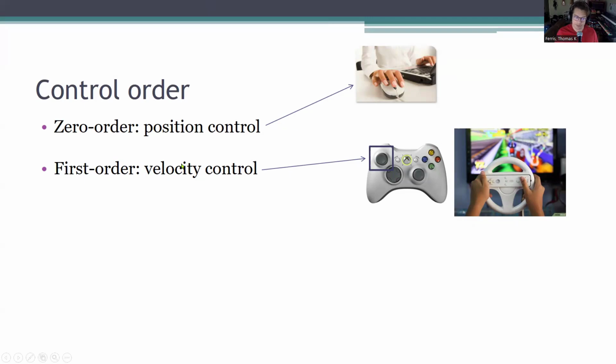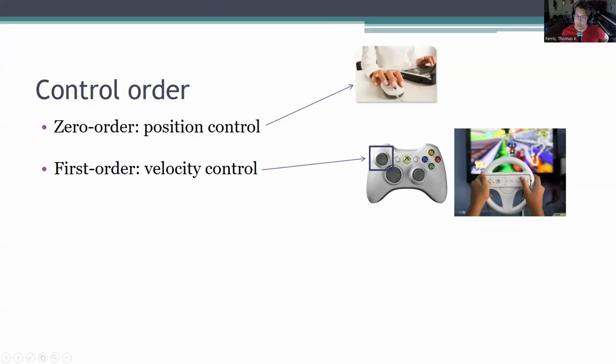Contrast that with velocity control, first order. Now, if I push this joystick to the left or the right, for most games where you would use that joystick, the velocity of the character you're controlling will move according to how far it deviates. Now compare this with the position control.